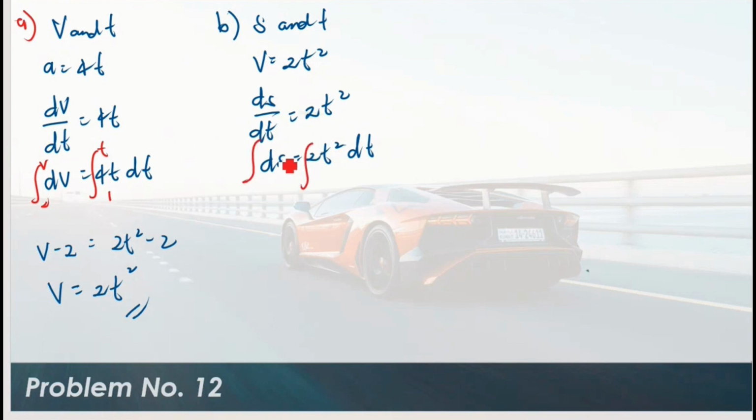S given to us as from 1 foot to s and time is 1 to t. So s minus 1 is equal to 2/3 t cubed minus 2/3. So 3s is equal to 2t cubed plus 1. So this is the relationship between the s and t.